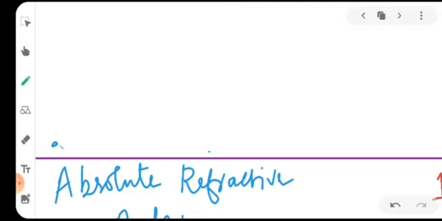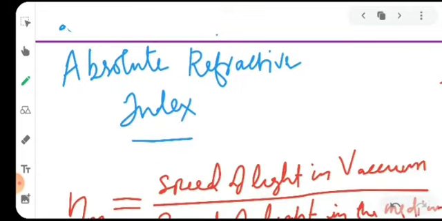If the material being used consists of vacuum, the free space, then such refractive indexes are referred to as the absolute refractive index.